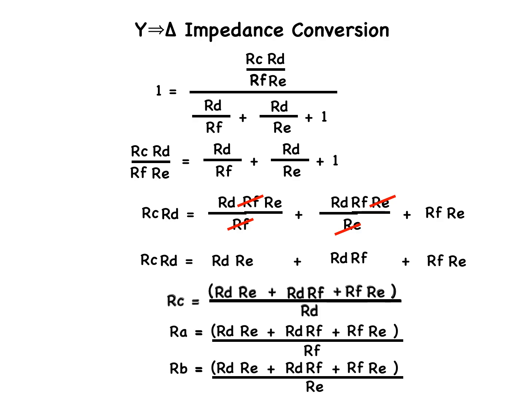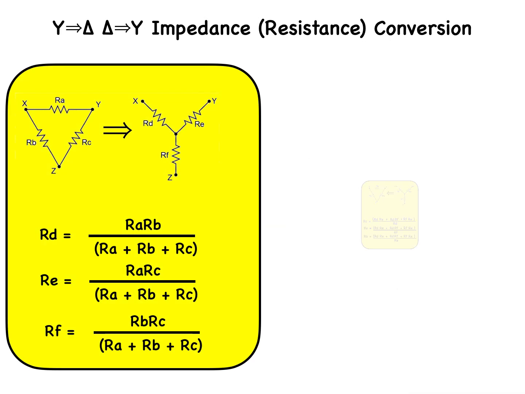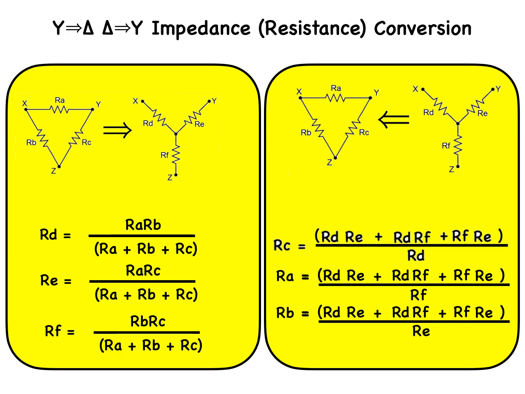So we now have a way of creating a delta arrangement for resistors in terms of the Y arrangement. So, summarizing, we have a method of converting a delta configuration of impedances into a Y configuration of impedances, and a method of converting a Y configuration of impedances into a delta configuration of impedances.